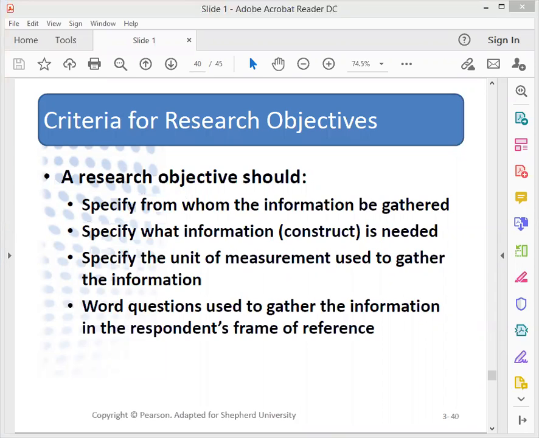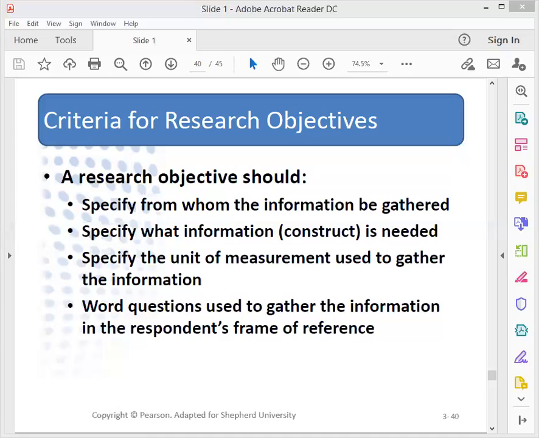So the first one, from whom are we gathering information? The research objective should not only specify who is to provide the information, but also state how these persons are to be included in the sample. What constructs do we wish to measure?